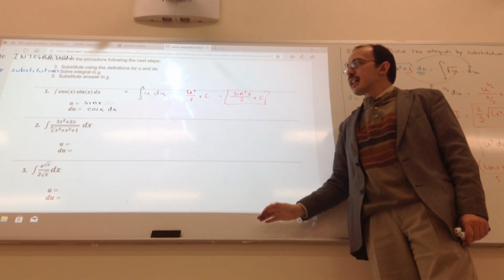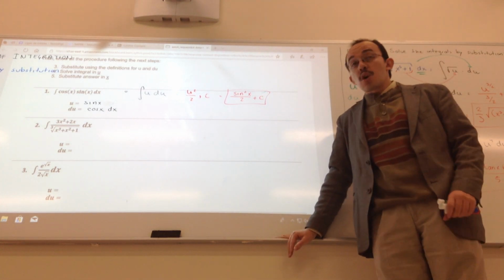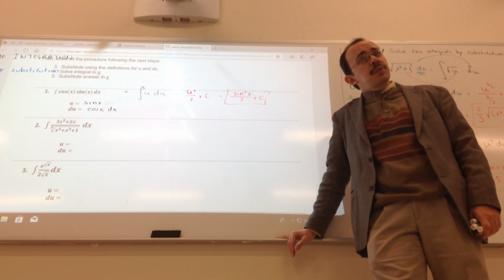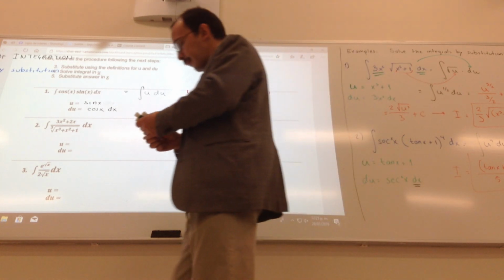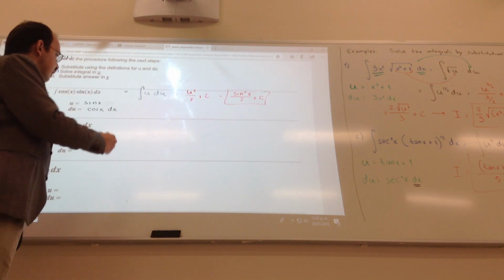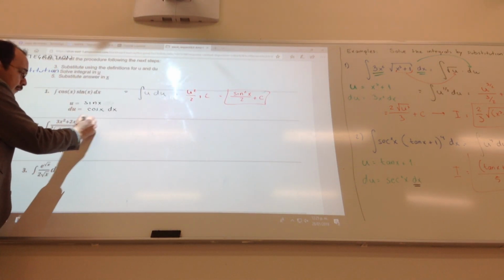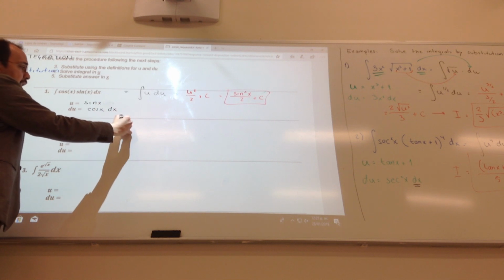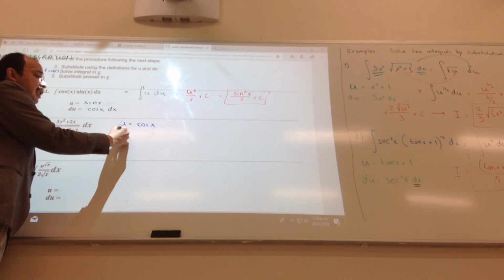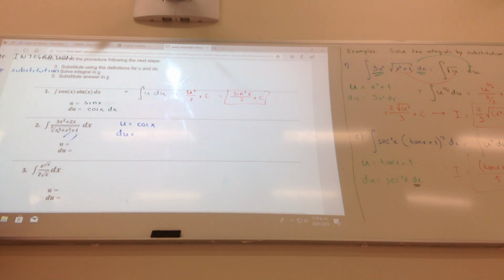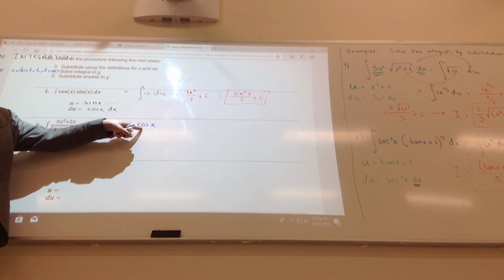If you were to decide to use u as cosine instead of sine, it can also be done. We can try. Instead of using sine, I use cosine, right? du: what will be the differential of cosine?